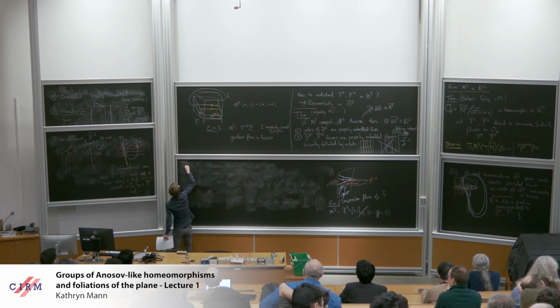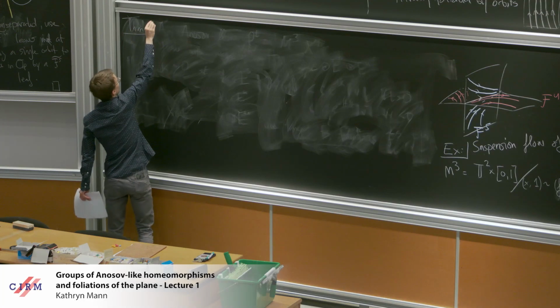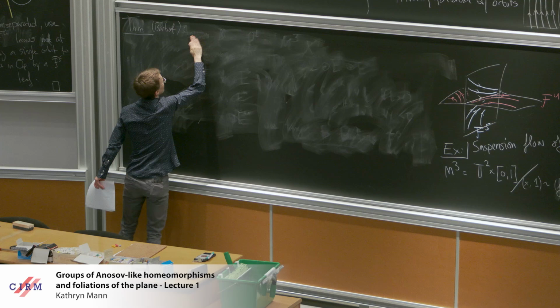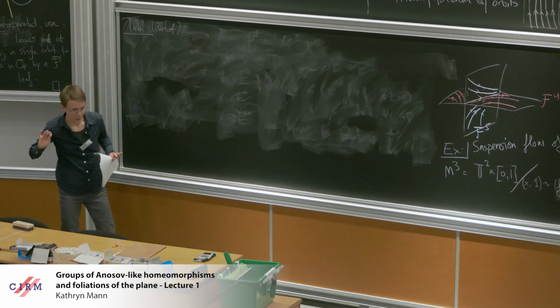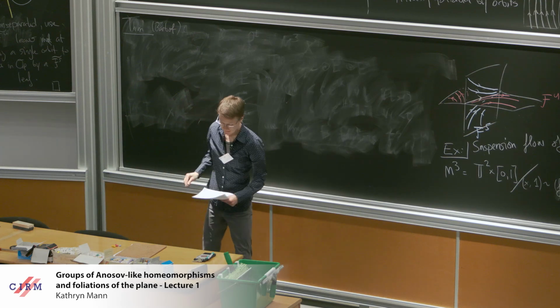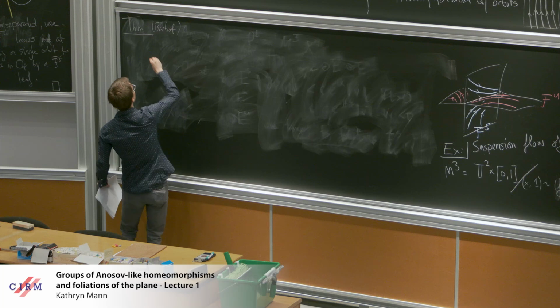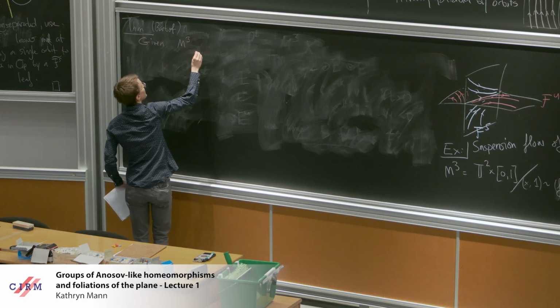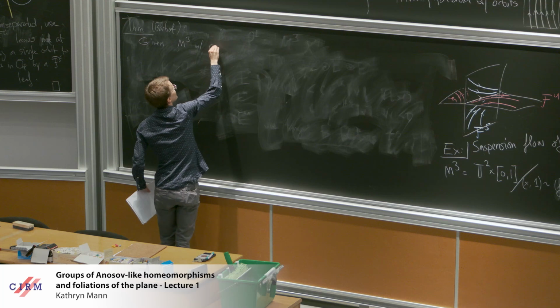So this is a theorem of Barbot, which is the starting point for the whole perspective I want to present in this mini course. It's the following. I'm given some three-manifold with an Anosov flow.